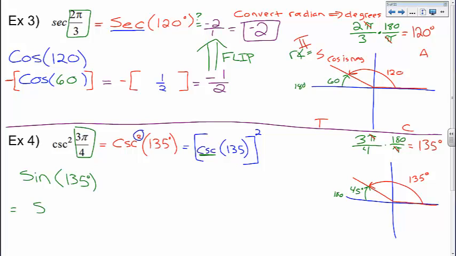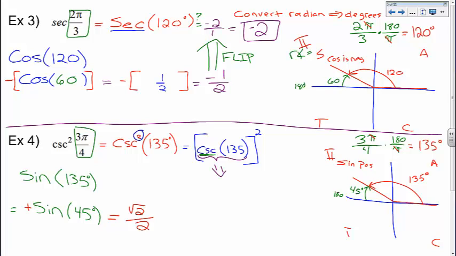Now I can say that sine of 135 is equal to the sine of my reference angle, 45. The question is, am I looking at a positive or a negative sign? I use my mnemonic add sugar to coffee, and in the second quadrant, sine is positive. So I'm only looking for the positive sine of 45, which, if you remember, is equal to radical 2 over 2.